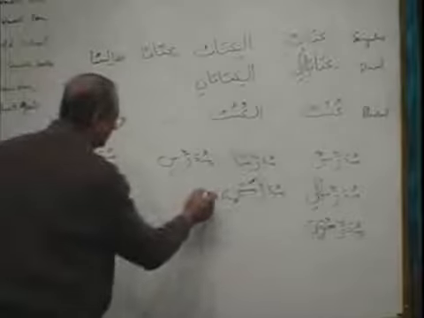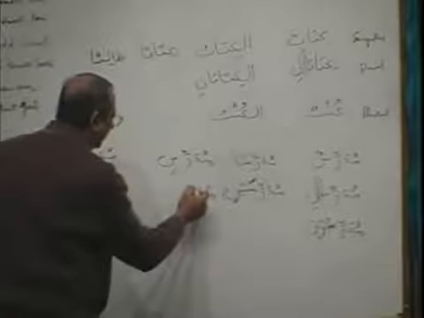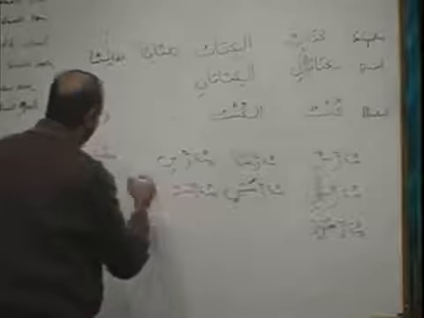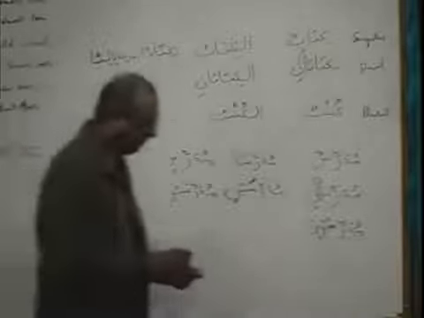How do I make majroor? Mudarrisaini. Are you with me? Mudarrisaini. Same. What is the sign of mansub in dual? Ya.